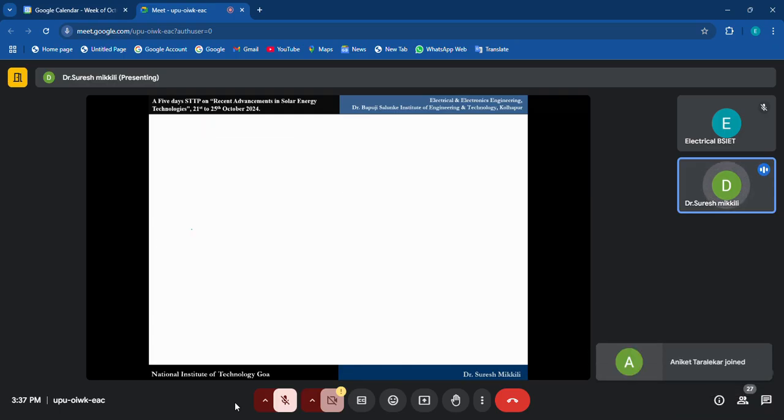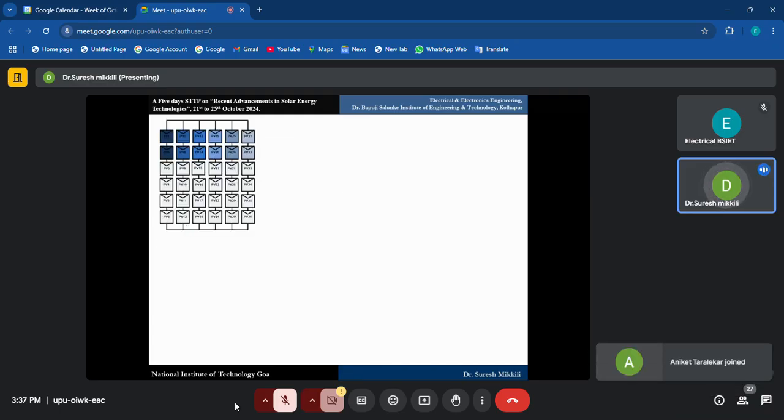There is a possibility that row shading can also happen. Suppose shade is coming from this side, and only this much amount of wall is there. If this much wall is there, shading can happen like this. So there is 200 watt per meter square, 300, 500, 700, 800, 900, and everything remaining we take as 1000 watt per meter square.